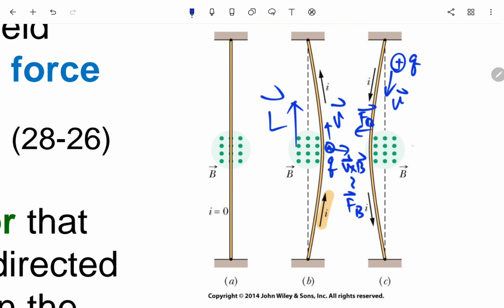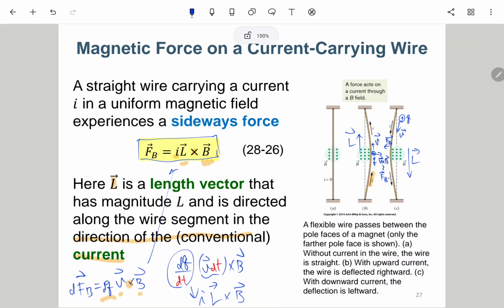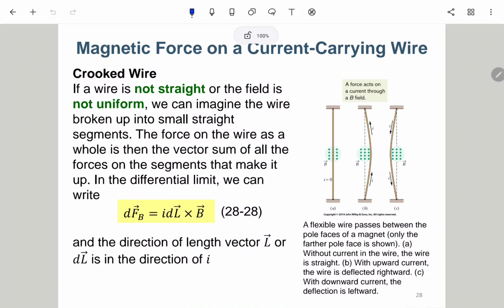For part C or figure C, L is pointing downward, following the direction of the current. So in that case, we have L cross B. L cross B is pointing to the right side for this one, and then L cross B is pointing to the left side for the other. So this is the only thing we need to pay attention to.